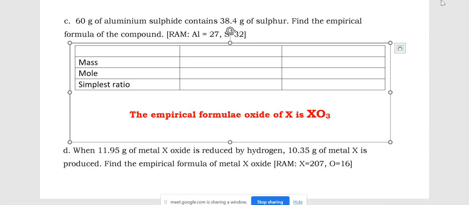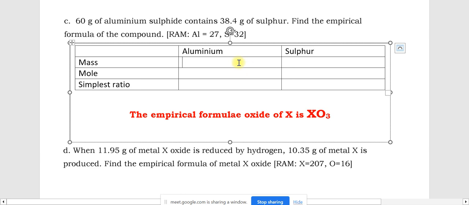Aluminium sulfide. So our first element is aluminium. Always put metal first. And then sulfur. Okay, the mass is okay.